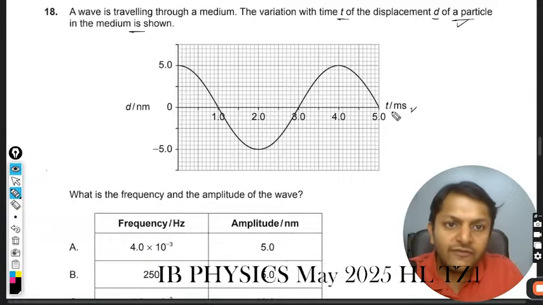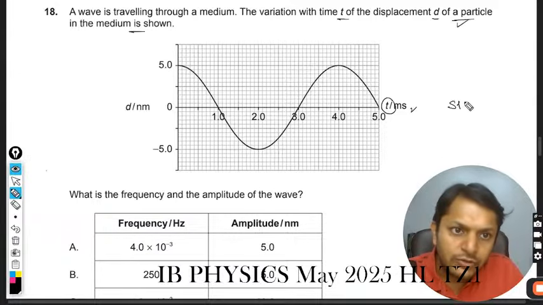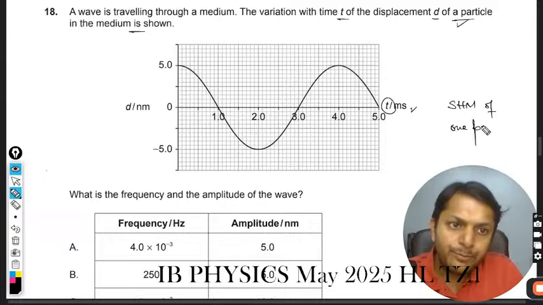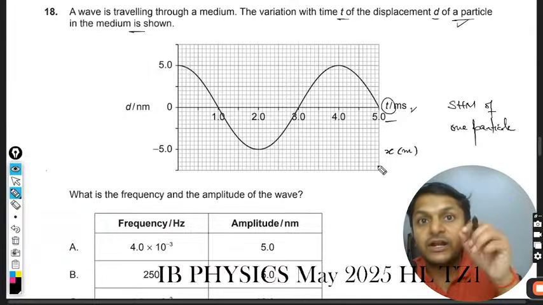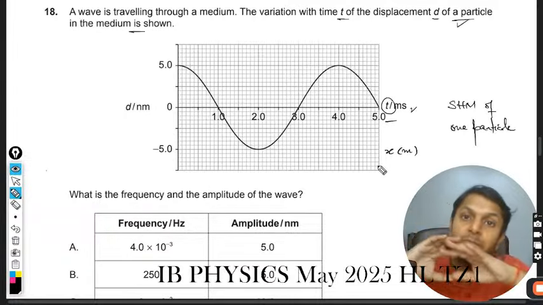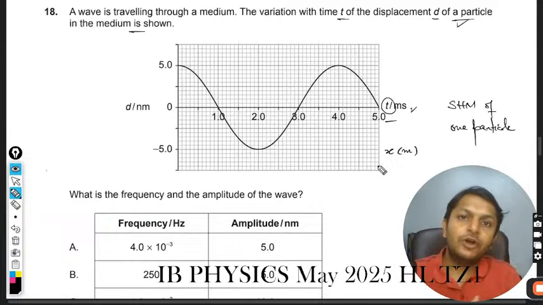So whenever you have a graph with time on the x-axis, you are talking about the simple harmonic motion of one particle. If instead of the time t, you had x and the unit was meter or centimeter, the same graph would correspond to a multi-particle system, and we would be talking about a wave.